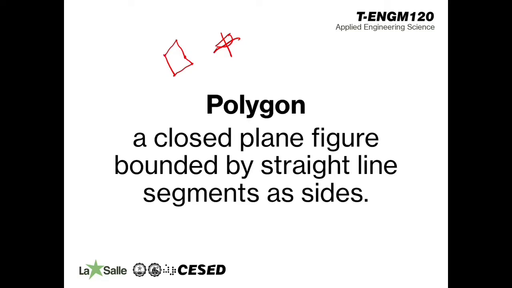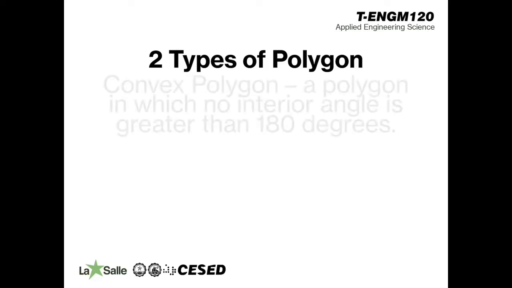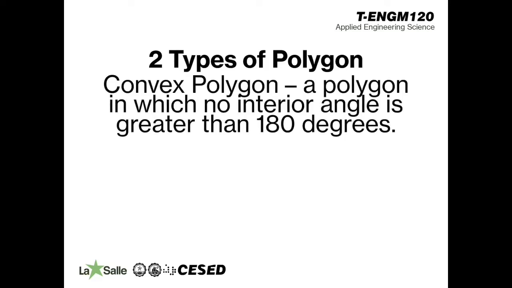Polygon comes from the Greek word poly, which means many, and gon, which means angle. There are two types of polygon. The first one is the convex polygon, a polygon in which no interior angle is greater than 180 degrees.